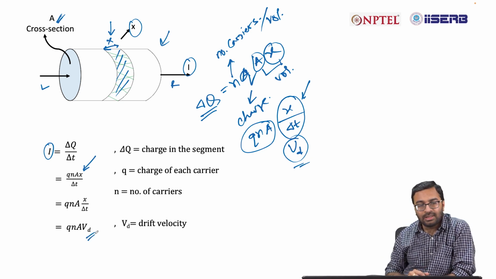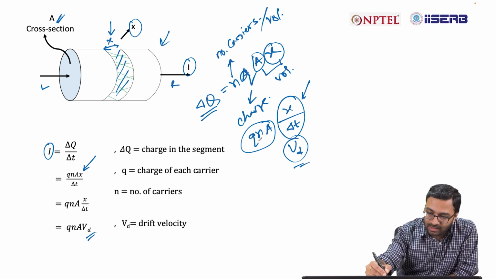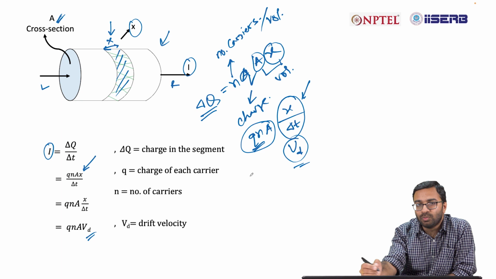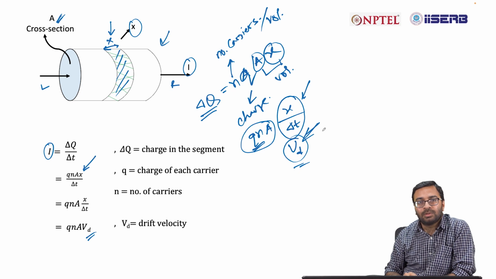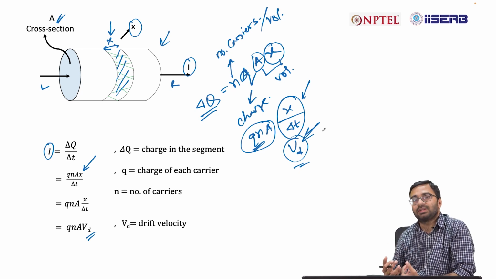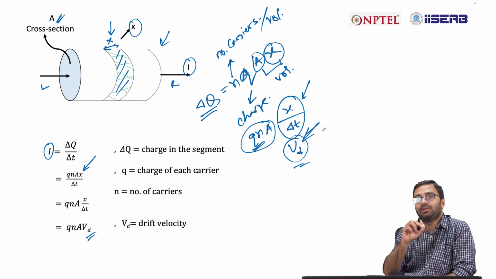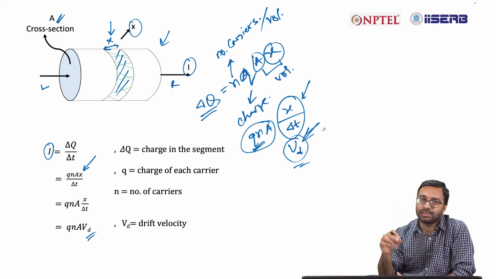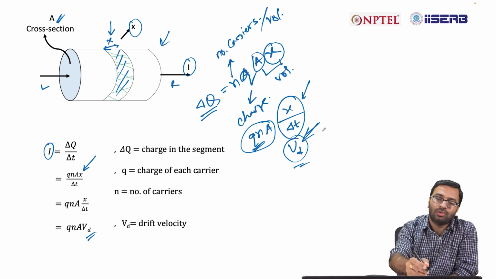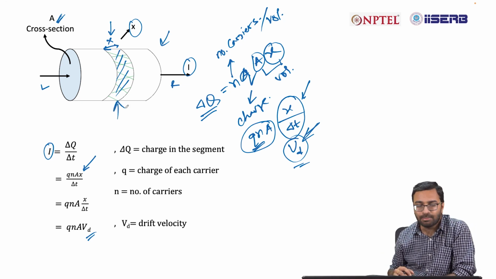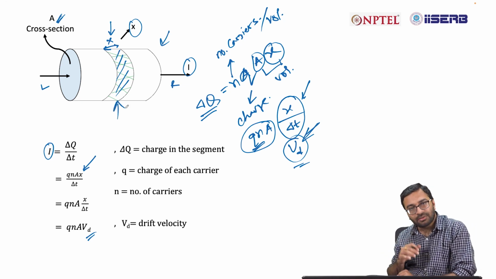That means a current carrying conductor has a certain number of carriers which are moving with a uniform velocity, which is known as drift velocity Vd. So, as we discussed in our previous slide, if charge carriers are moving with a uniform velocity, it creates a magnetic field. So, a current carrying conductor is capable of creating a magnetic field.